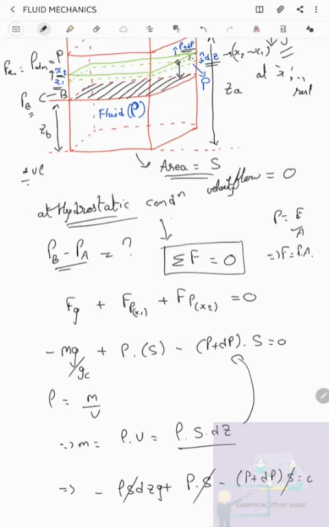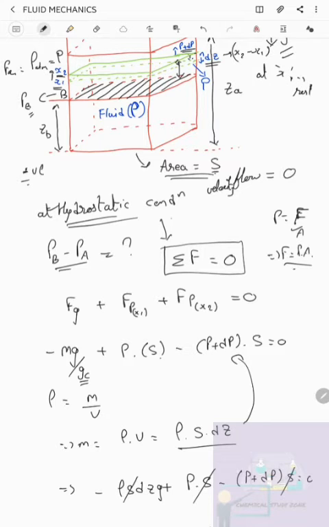Here gc is the gravitational constant, because gravity is not constant at every place in the world. I said it before in my previous class, so that's why I'm taking the gravitational constant here, plus, as pressure equals force by area, and the area of this beaker is S, the pressure force at x1 is P into S.